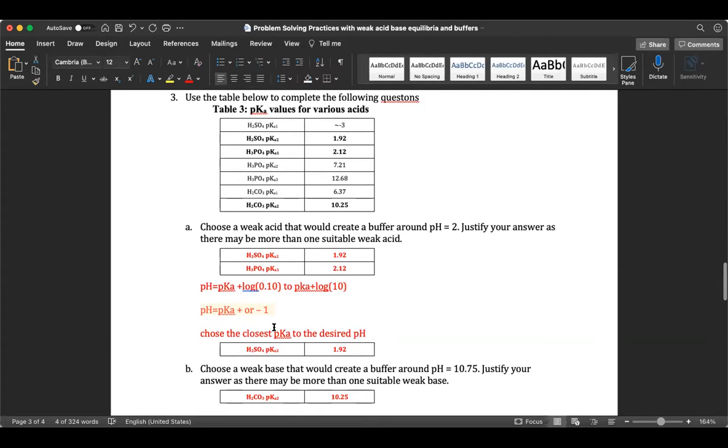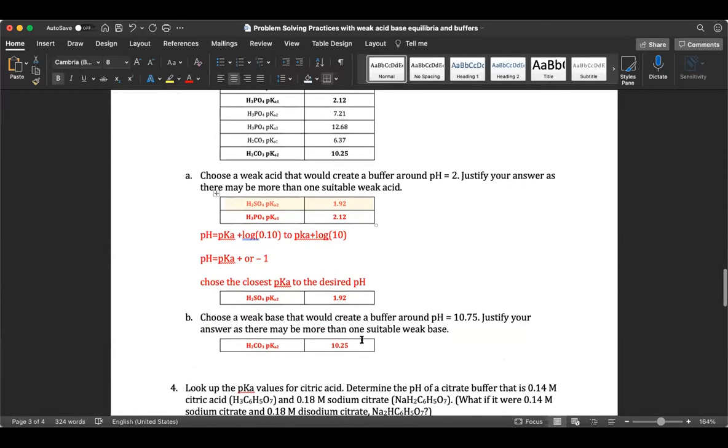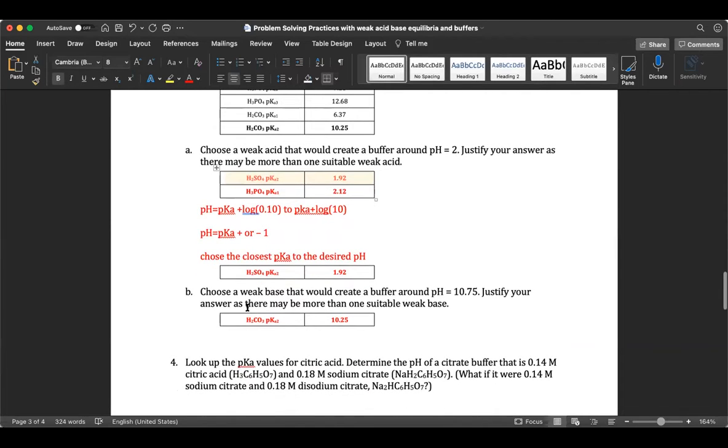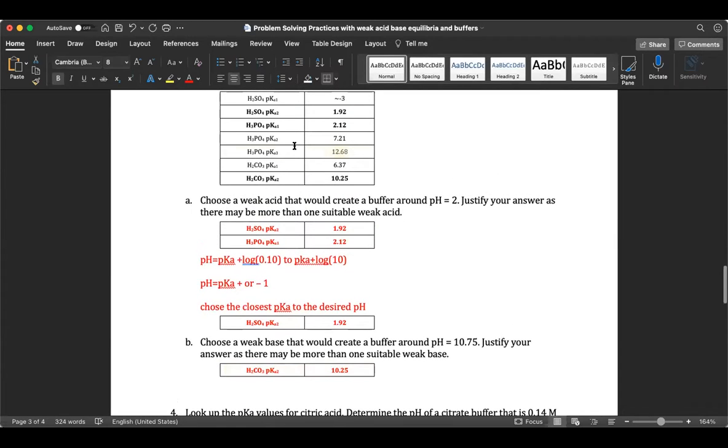But then we have to pick a buffer where the pKa is closest to the pH that we want. So that would mean that sulfuric acid would be the closest buffer. But really, both of those will work, right? Yes. And then for the second one, it would be this buffer because the rest of them are either too high or too low. Yeah. Perfect.